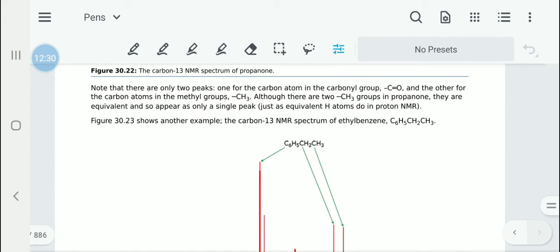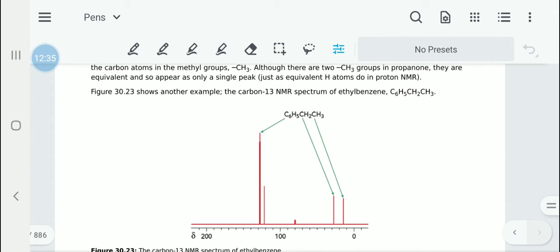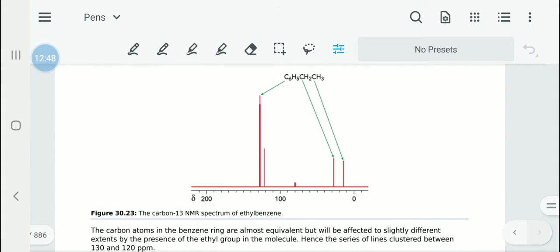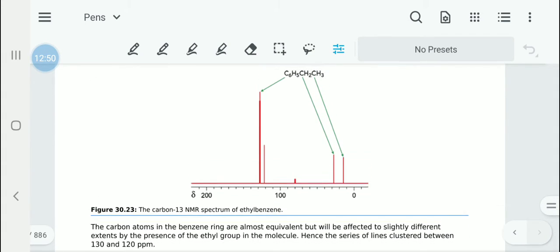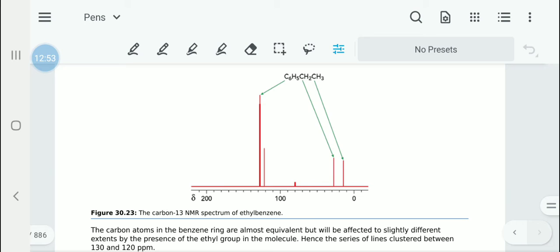Now when you come to this chemical, C6H5CH2CH3. So here what happens is, the carbon atoms in the benzene ring C6H5 are going to be almost equivalent, but there will be some slight differences because of the ethyl group in the molecule.